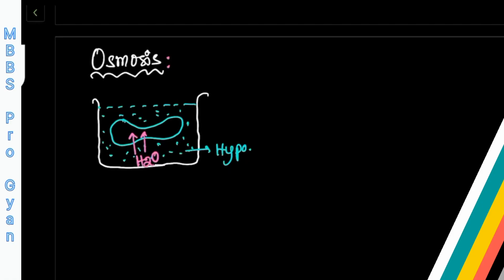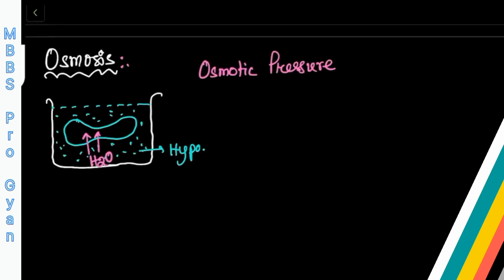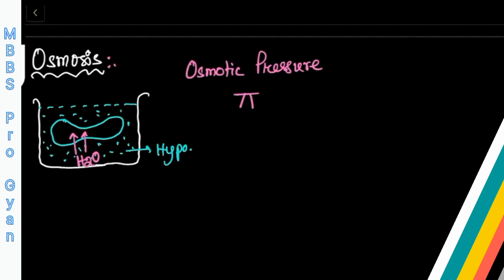But here you have to remember that osmotic pressure is calculated by a formula. Osmotic pressure is denoted by pi. Pi is equal to G multiplied by C multiplied by the gas constant and absolute temperature.